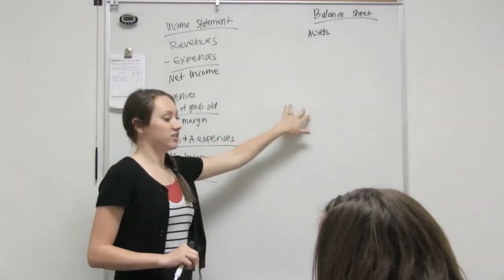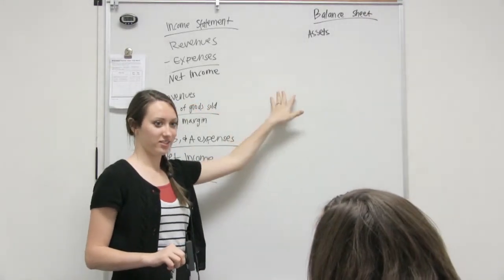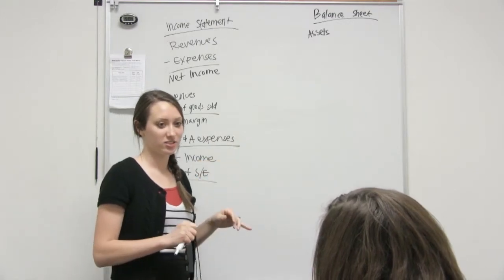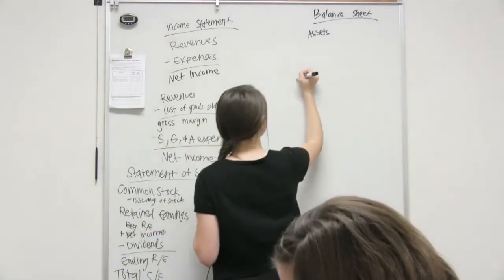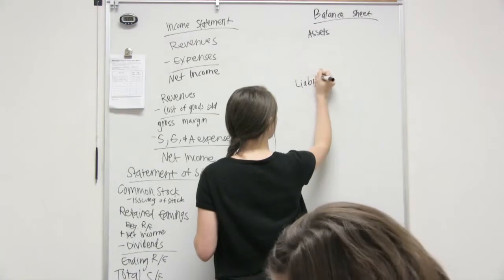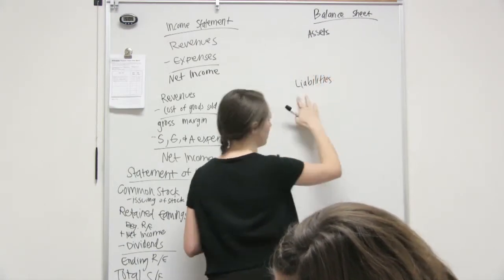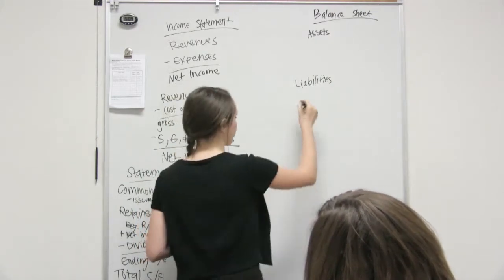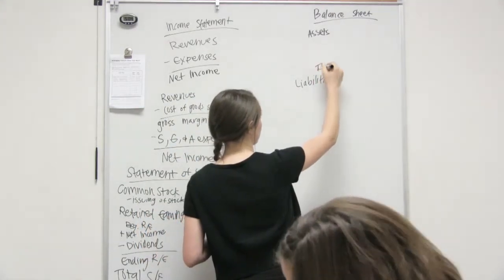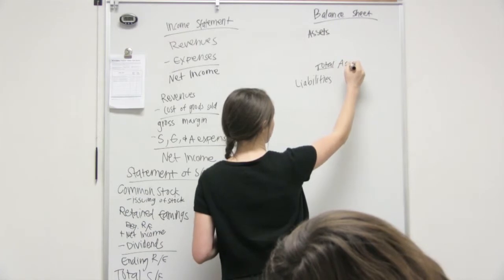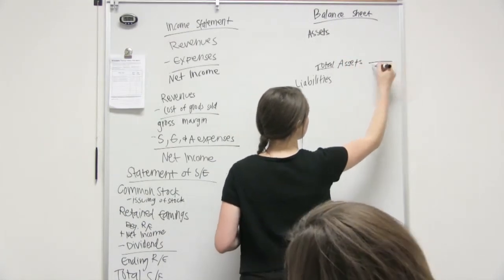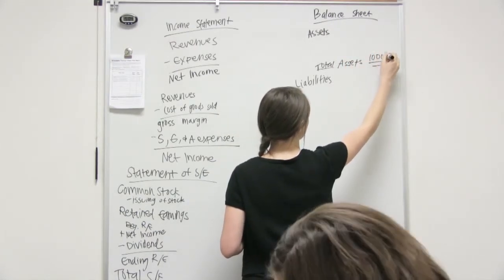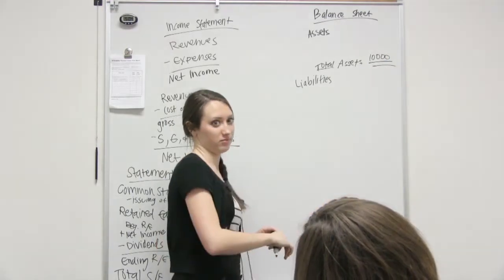So then where's your balance sheet? You list assets first, then liabilities. Do you want to go over any different things that could fall under those, or are you good on that? I think I'm okay. This is total assets, and make sure this amount is going to equal what you get at the bottom.